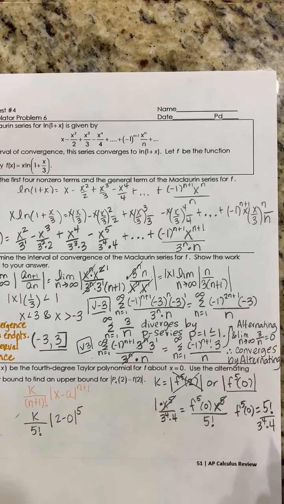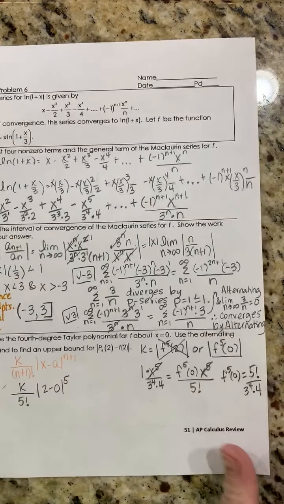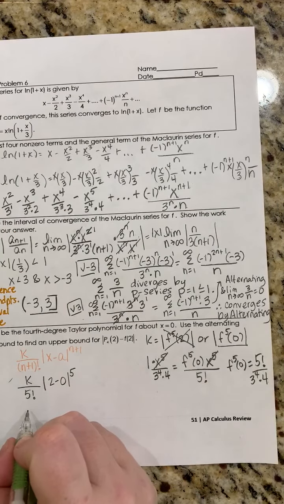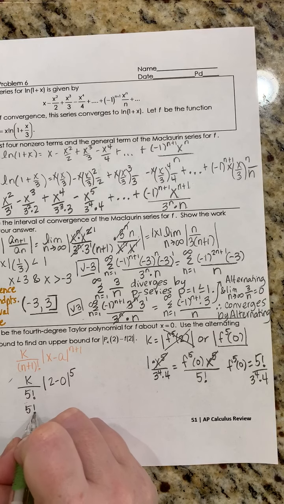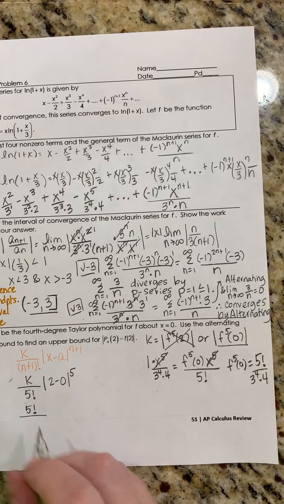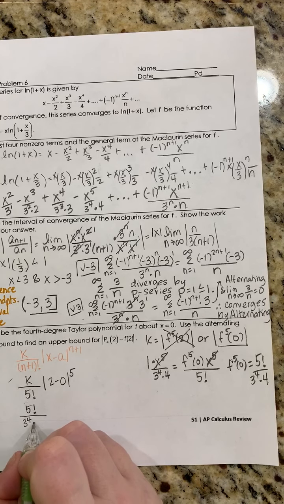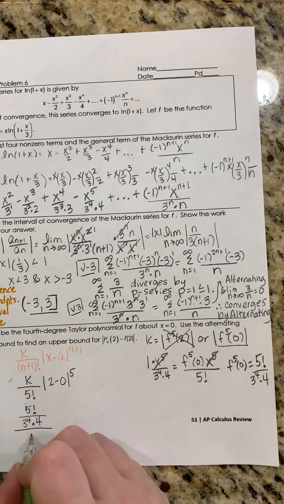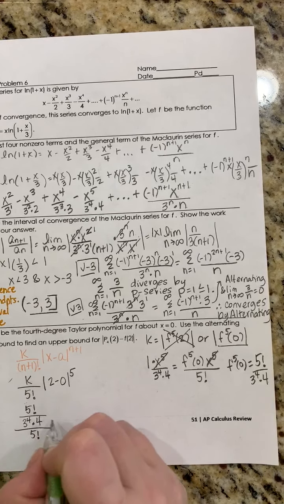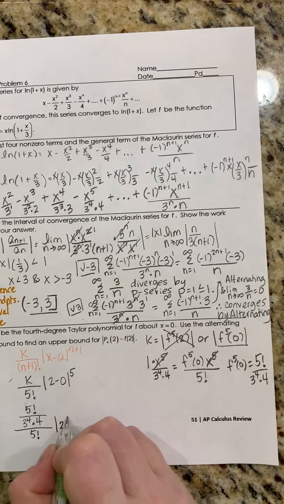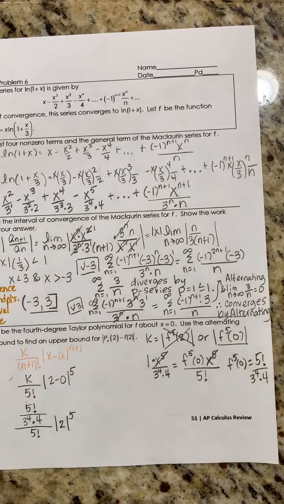So this is my k value. So I'm going to plug this in for k. So this is 5 factorial over 3 to the 4th times 4, over 5 factorial, times 2 to the 5th power.